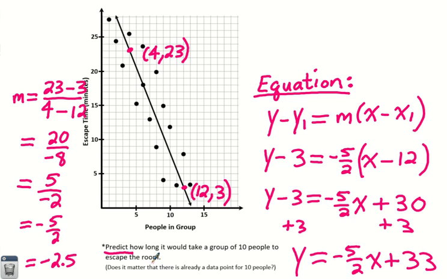Now, before we do the prediction, let me just follow up a little bit and summarize a couple things like this. So when you are shown a scatter plot, and you also might even be shown the line of best fit for free, and if you are asked to find the equation of the line, sometimes it's going to be doable to just look at your line and get the m by counting your rise and your run.